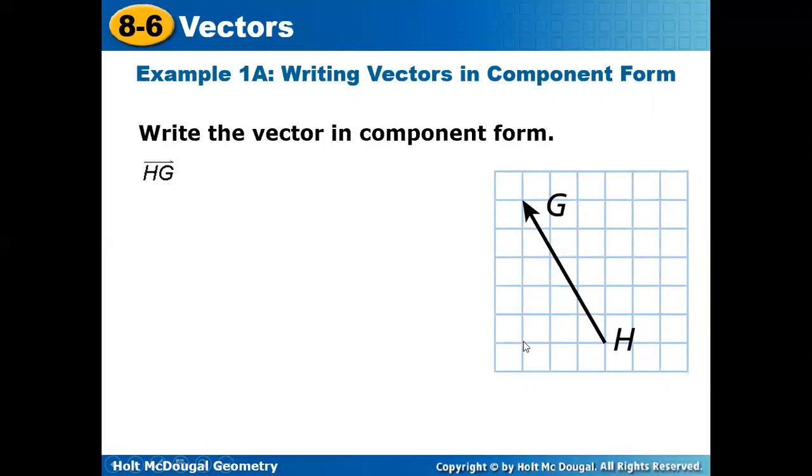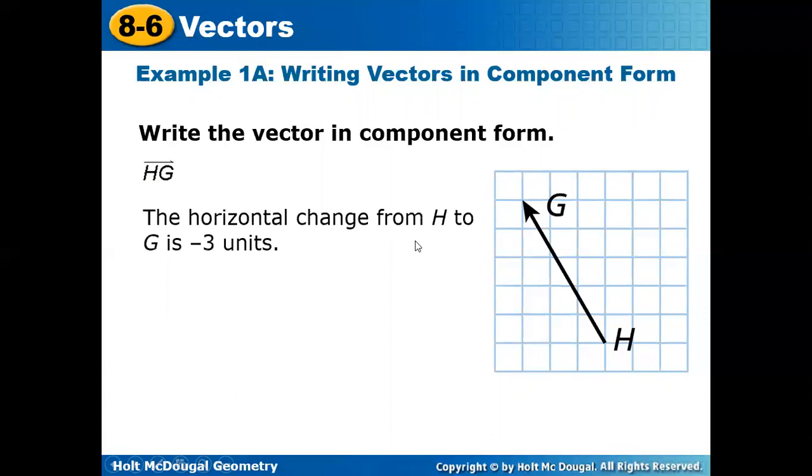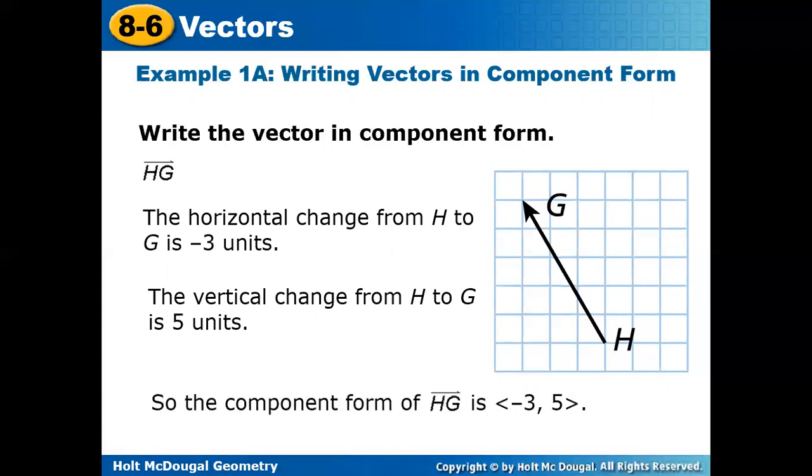So 3 units to the left, which is -3. And how many units up? 1, 2, 3, 4, 5. So 5 units up. So we have -3 units and 5 units vertical. So we can write it in component form as -3 and 5 in the two brackets of component form.